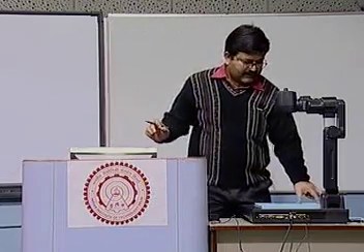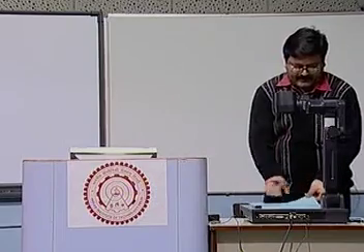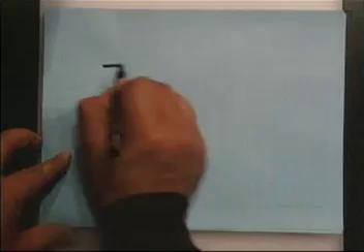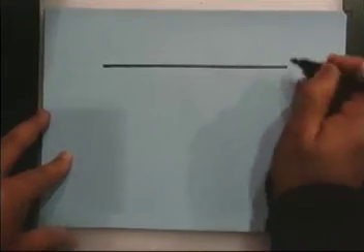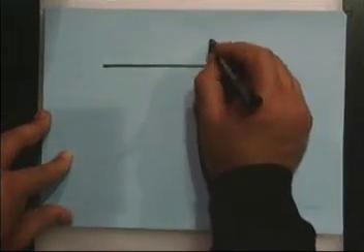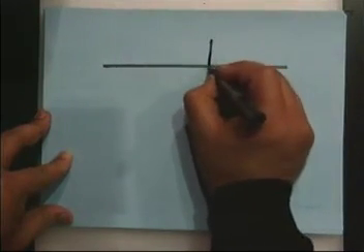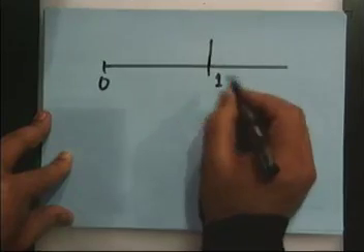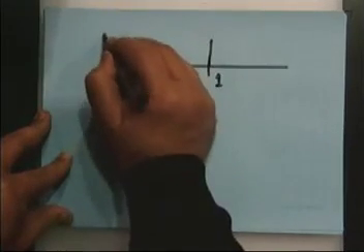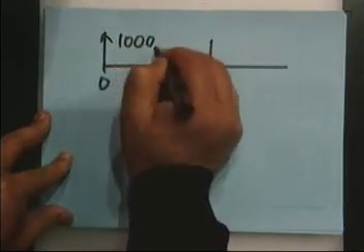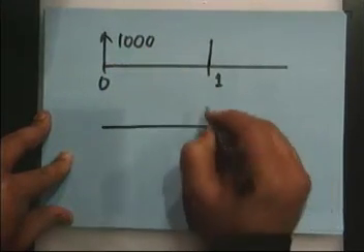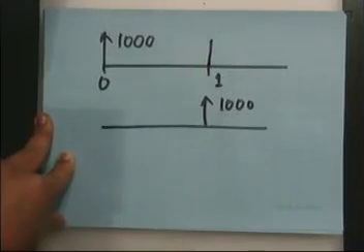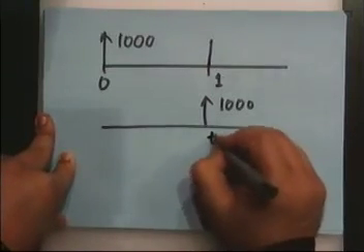If you see the same example the other way round, it will be something like this. 1000 rupees, let us say this is end of year 0, end of year 1. In this case I have rupees 1000. In the second case I have rupees 1000 at time t is equal to 1.